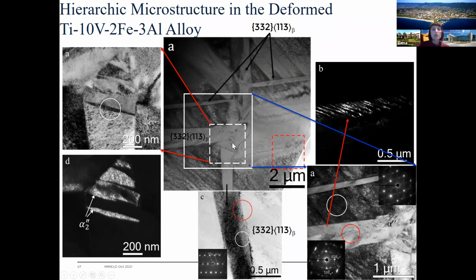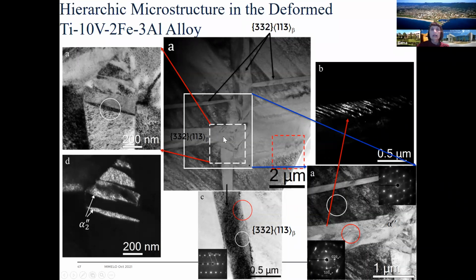And if we zoom in now within these primary products of 332 twins, like this one, we could see that within we have two variants of martensite forming inside. Again, they have a compound twin relationship.